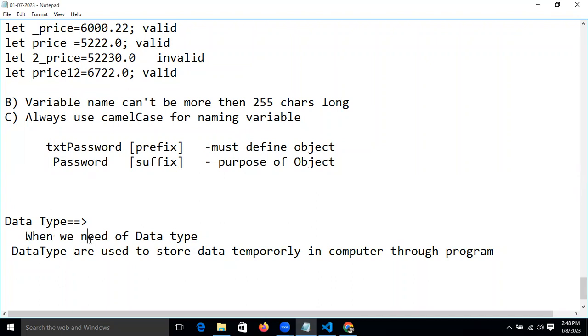Same like whenever we go to buy something in the market, let's take we need vegetables. Whenever they calculate the weight, let's take we are taking potato, 1 kg of potato.